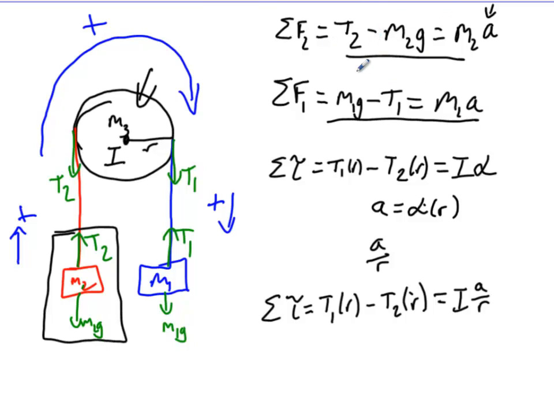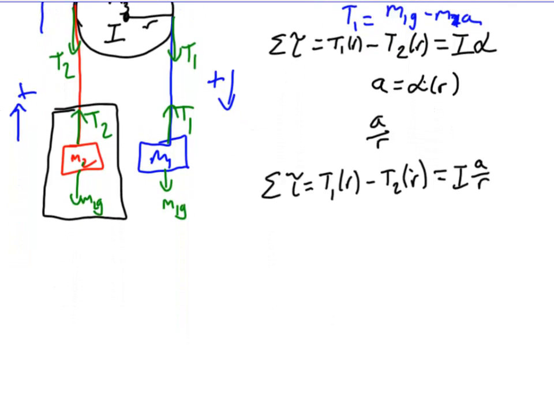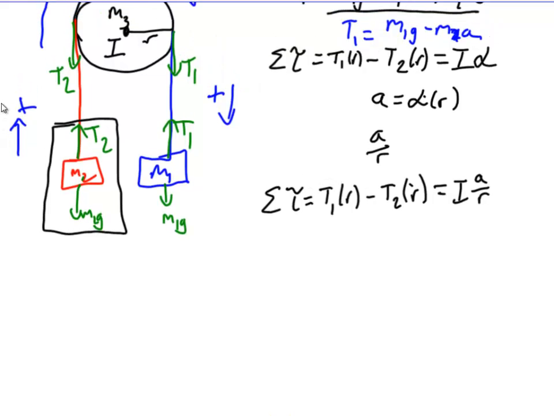I'm going to solve this for T2. T2 is equal to M2A plus M2G. And then T1 is equal to M1G minus M1A. Sorry, everything up here is 1. Remember, I basically added this over and subtracted that and rewrote it. So now I can make some substitutions.